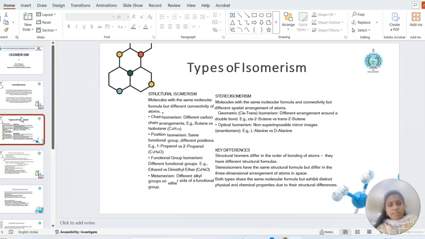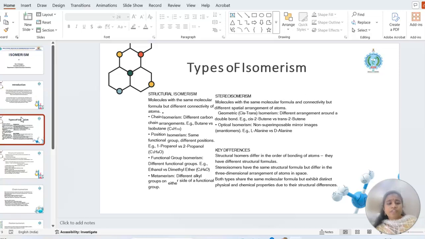In chain isomerism, the compounds differ in the arrangement of the chain. For example, butane and isobutane both have the same molecular formula, C4H10, but they are arranged differently. Next is positional isomerism. They have the same functional group, but the position of the functional group is different.